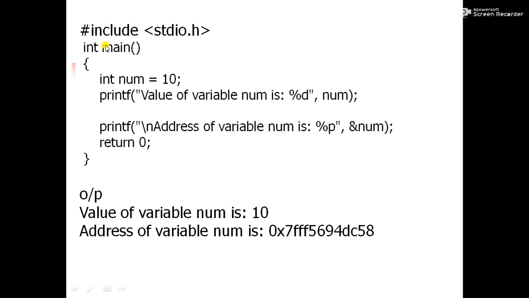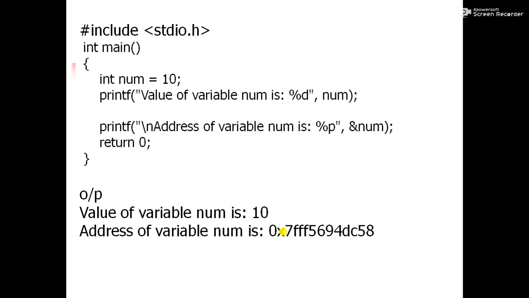If you see the output of that program, in the first statement, the value of the variable is 10, which we assigned to that variable, and then the address of that variable. If you execute this program in your system, you might get a somewhat different address. It is not fixed that this value will be the same on your system or any other system.